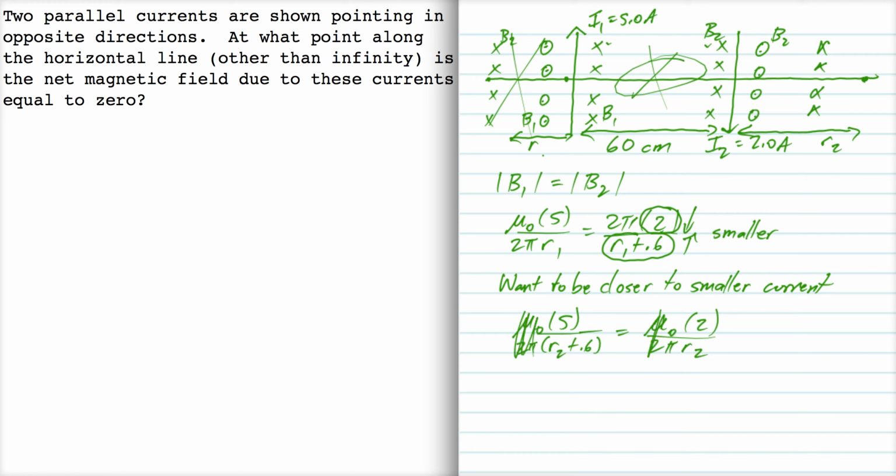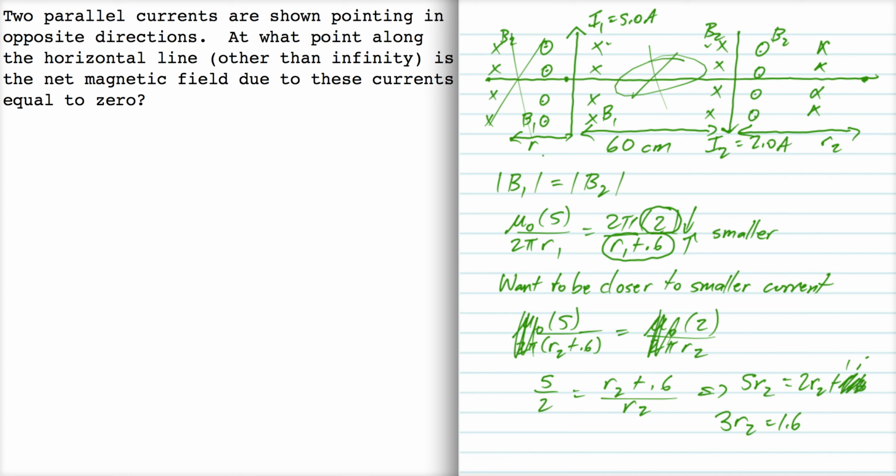Okay, and then mu naught over 2 pi goes away, and I'm left with 5 over 2 is equal to R2 plus 0.6 over R2. And so that gives me 5R2 is equal to 2R2 plus 1.6. 3R2 is equal to 1.6. Wait, 1.2.